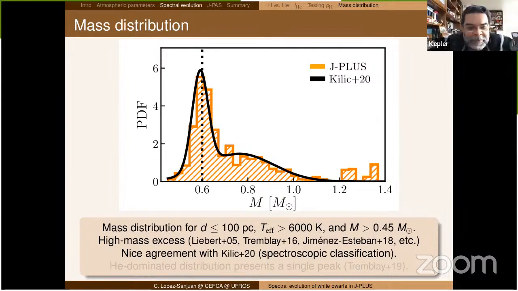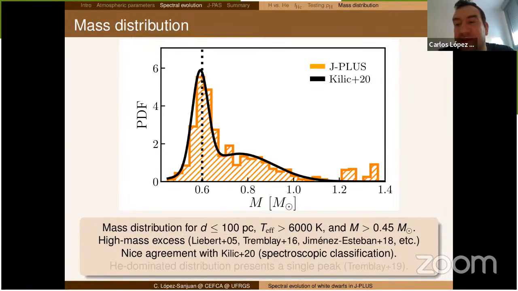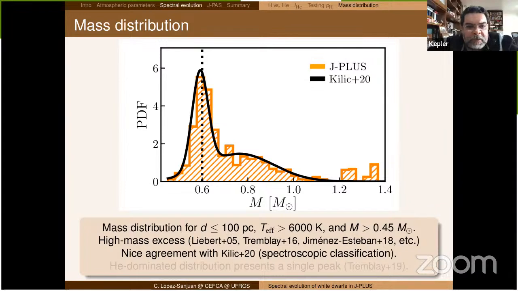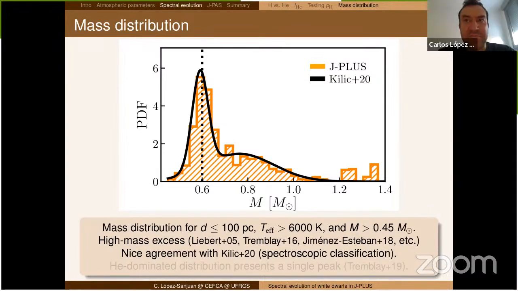My question is on the signal to noise versus magnitude for both J-PLUS and J-PAS, for the telescope and the small telescope. Basically, here we are cutting at 19.5 magnitude.